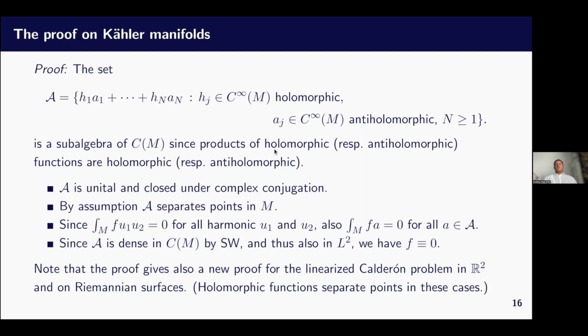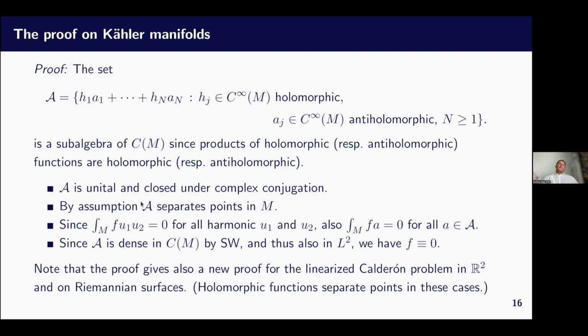The reason is that products of holomorphic functions are holomorphic, and products of anti-holomorphic functions are also anti-holomorphic. So this set A is an algebra. A is of course also unital because the function 1 is holomorphic. It is also closed under complex conjugation. Why? The reason is that the complex conjugate of a holomorphic function is anti-holomorphic and vice versa. And then there was this assumption in the theorem that M is holomorphically separable. This means that by assumption, this subalgebra A separates points in M. So this was the assumption in the theorem.